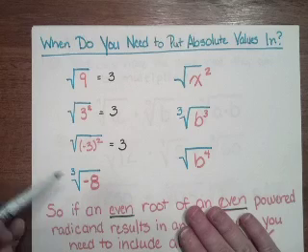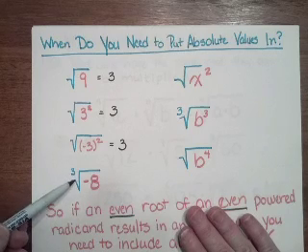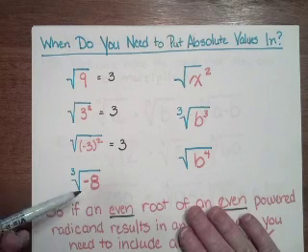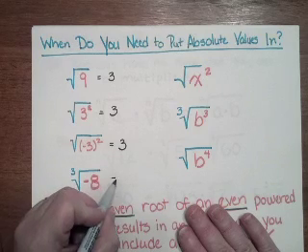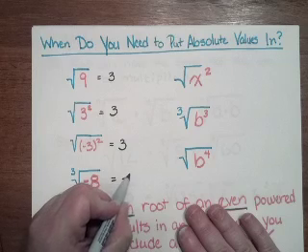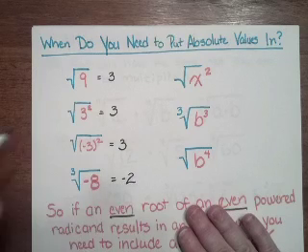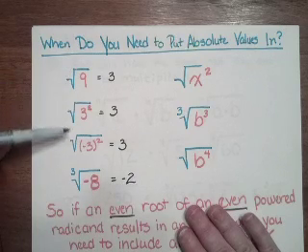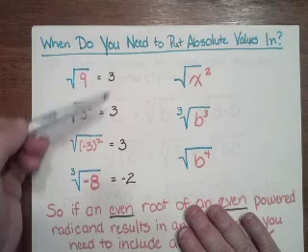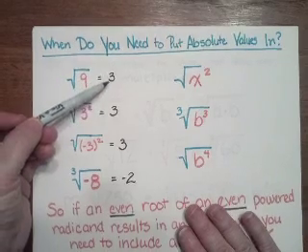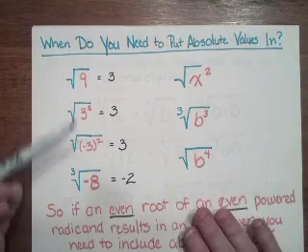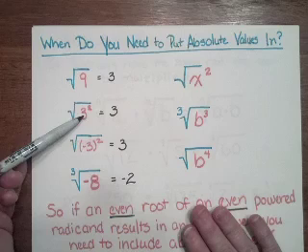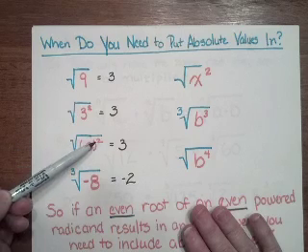Now if I have the cube root, remember that is something that's multiplied by itself 3 times, of negative 8, that is negative 2. So notice, if I have a square root, as long as it's a principal root, I am never going to have a negative square root there. And I don't have a negative number in here either once I do the square of it.